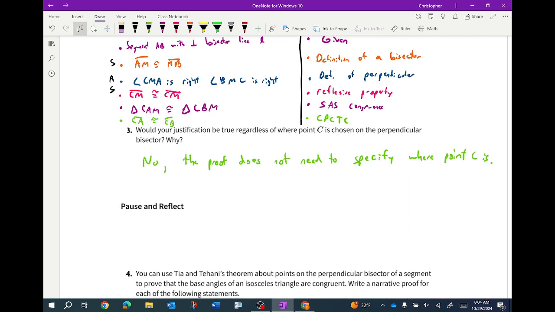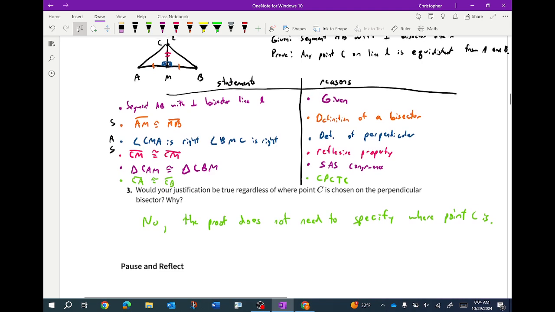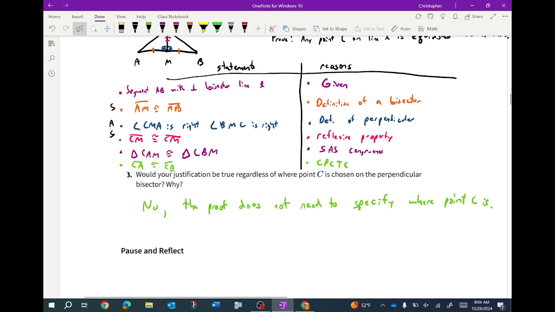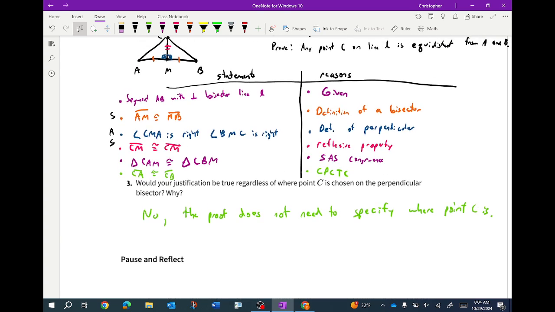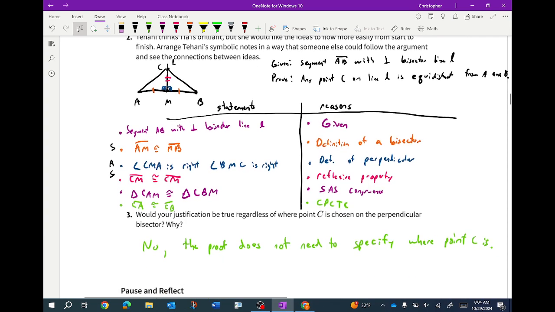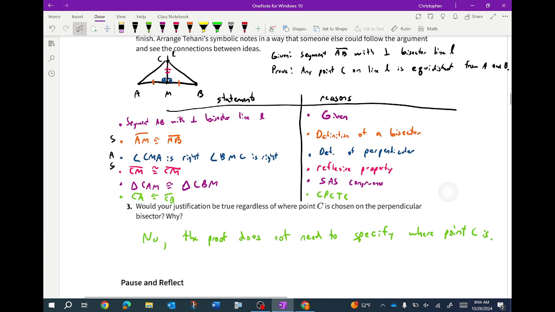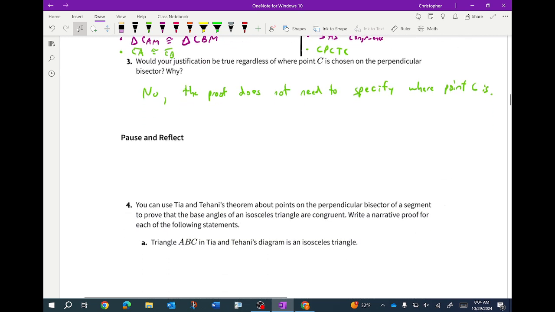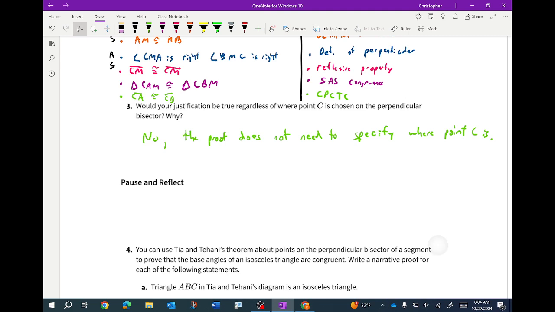Okay, so this is a 2-column proof. It's a much more compact and organized way of looking at things than, say, a paragraph proof, but not necessarily a better way. It's just a more common way that mathematicians organize things.